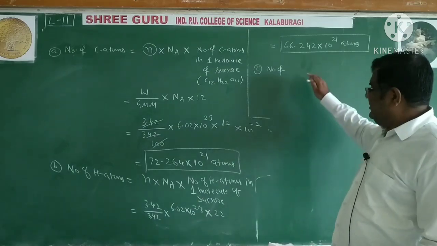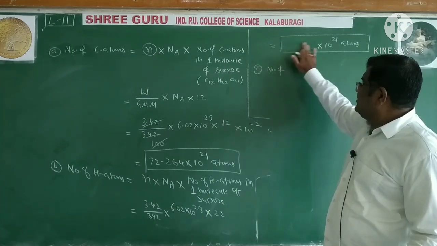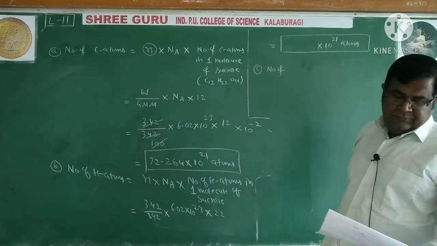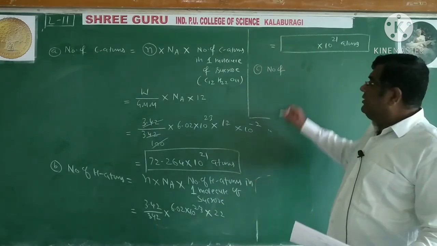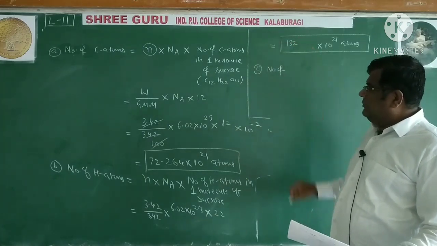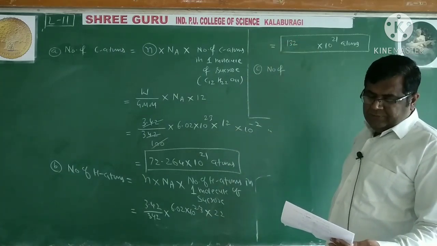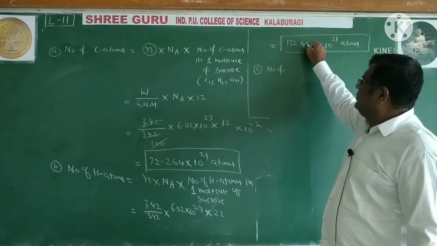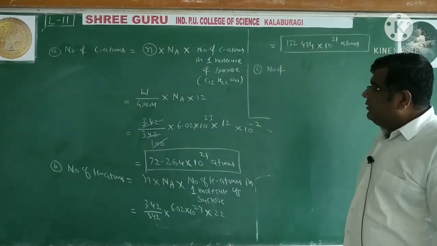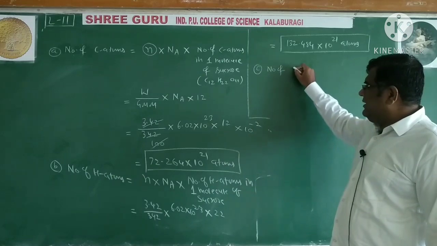This hydrogen is 22, so this number is 132.484. Right.